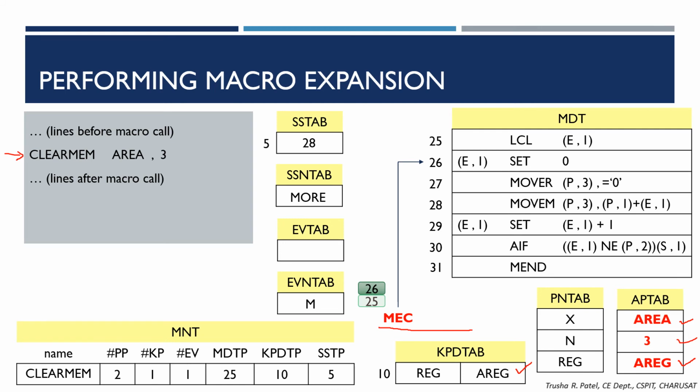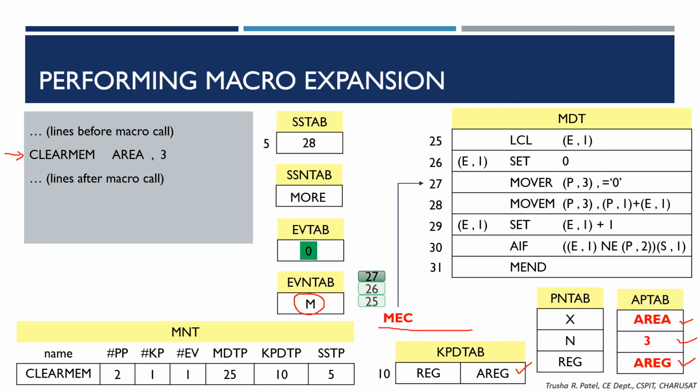Then the program counter is incremented by 1 and pointing to memory location 26. Now here it is written that for the expansion time variable 1, set the value 0. So in the EV tab, the 0 value is assigned, which is for expansion time variable M. Now again MEC is pointing to the next location, that is 27.